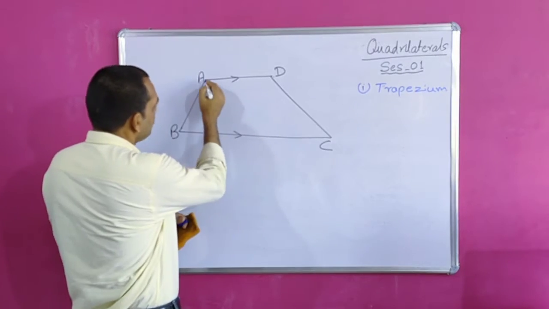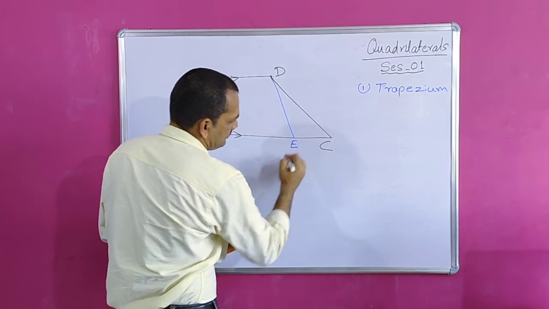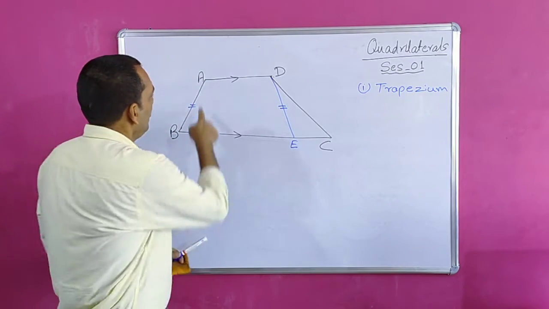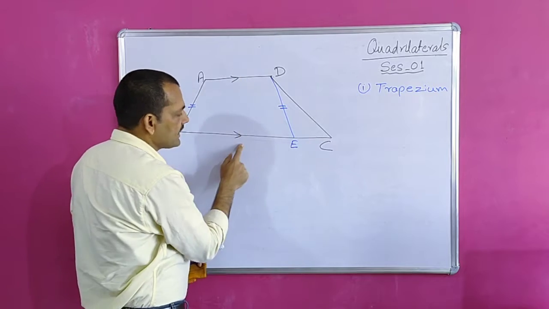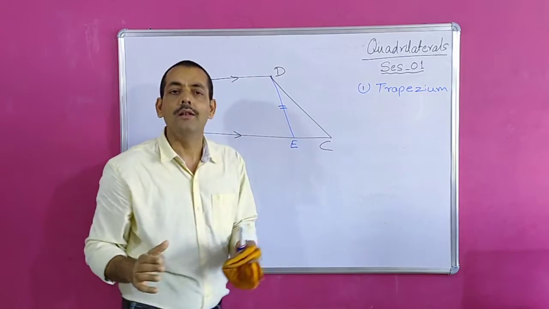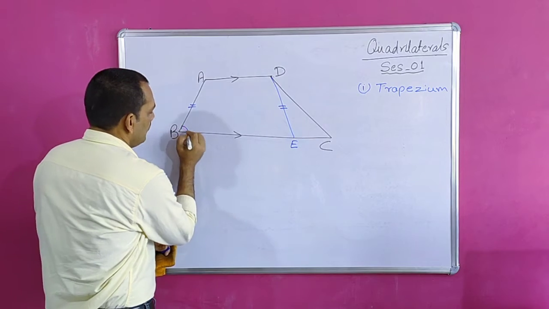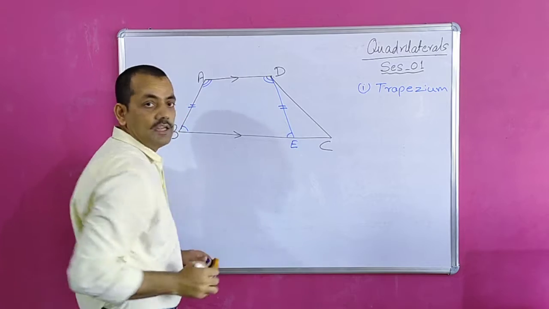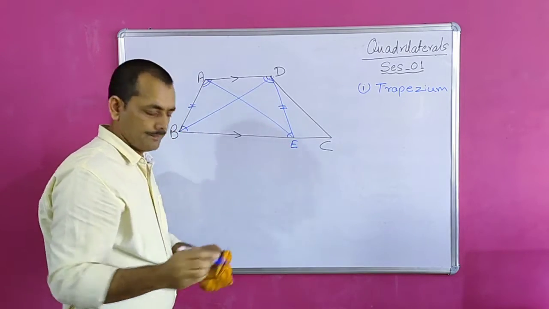Now, what if the other set AB and DE, if these two are equal? In a quadrilateral ABED, if one set of lines is parallel and the other lines are equal, in that case this is known as an isosceles trapezium, where these two base angles are equal, and the diagonals are of equal length.